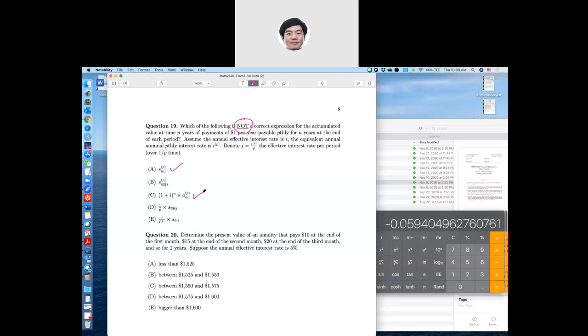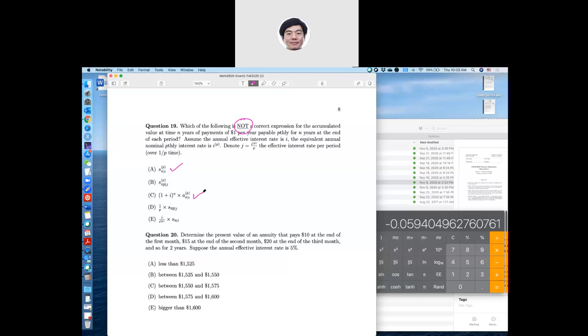If you look at A and B, well, they are close, but the number of years differ a lot, right? In the first is MP, the second one is MP, the first one is N, and they also have different interest rate. We know B is incorrect.